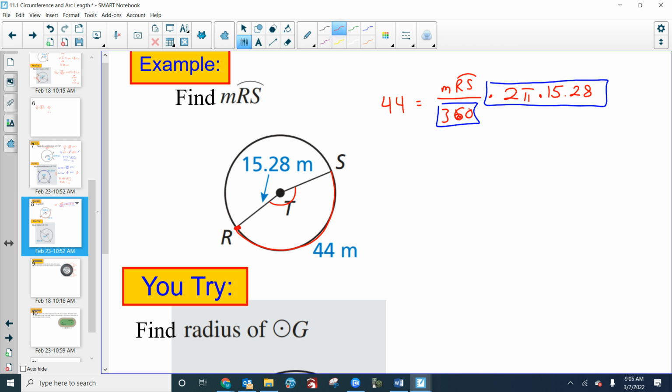All right, so 44. If you do 15.28 times 2, you get 30.56 pi. Would you guys divide that by 360?